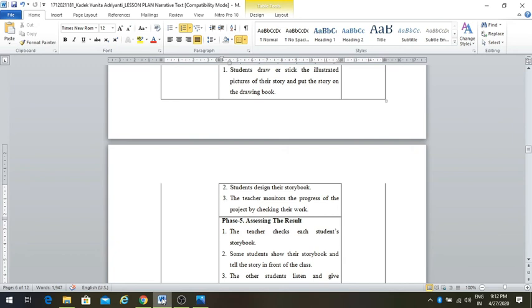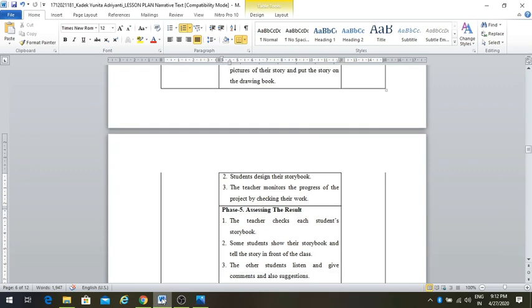If the time isn't enough to make all students present their storybook in front of the class, there are only several students who will show their storybook in front of the class.